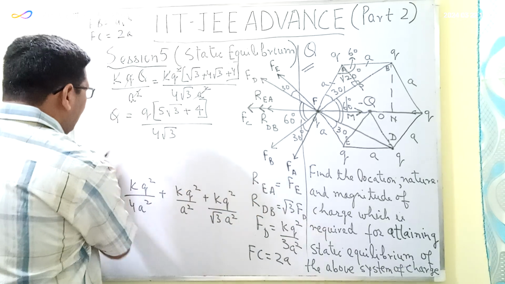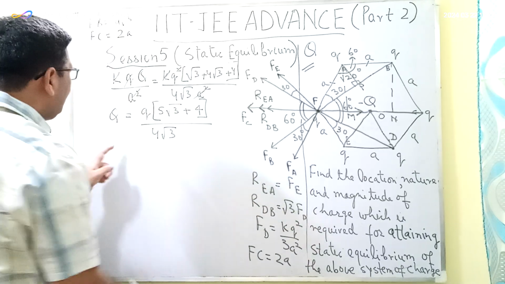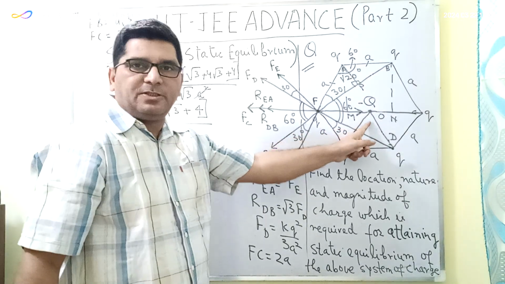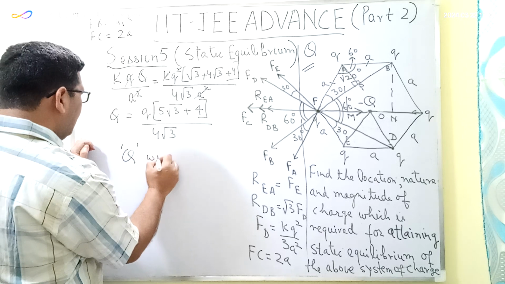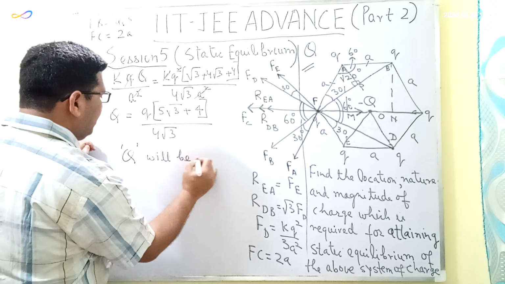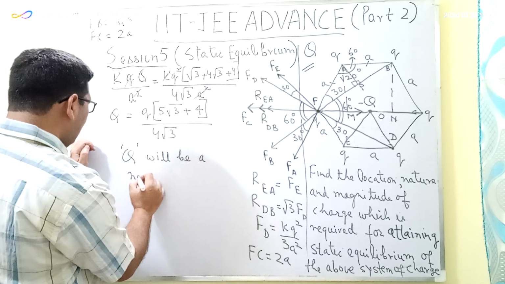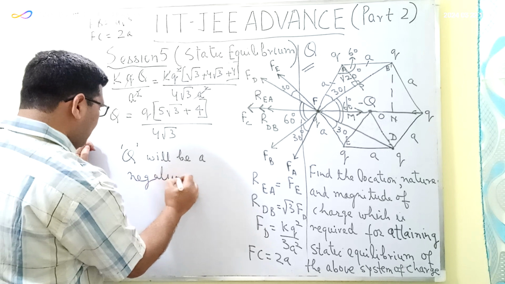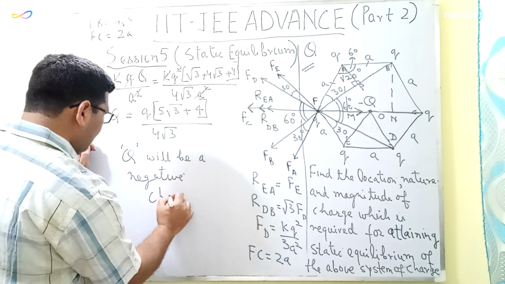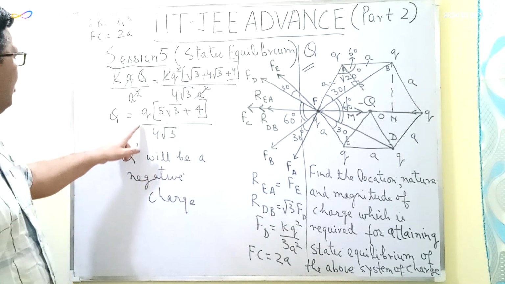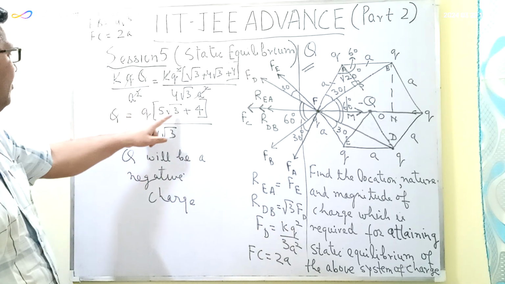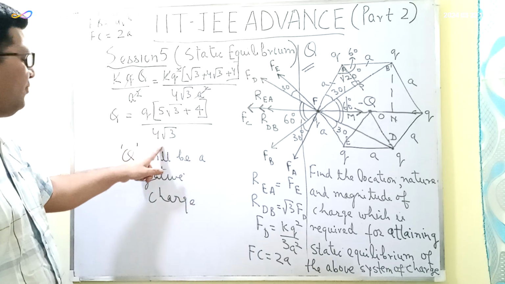So this is the magnitude of the charge which needs to be placed at the center of this hexagon, and Q will be a negative charge, and its magnitude will be equal to small q in bracket 5 root 3 plus 4 divided by 4 root 3.